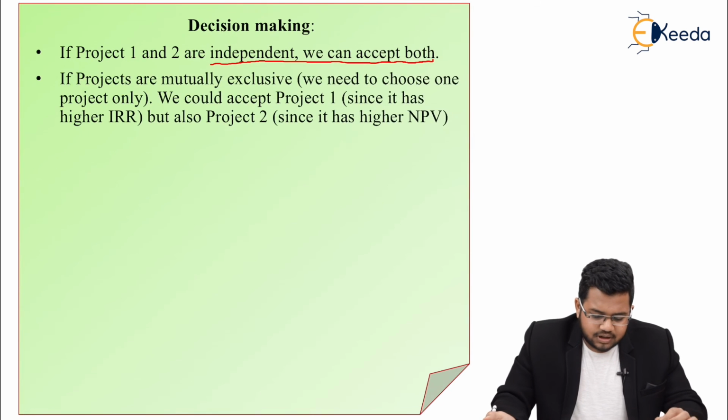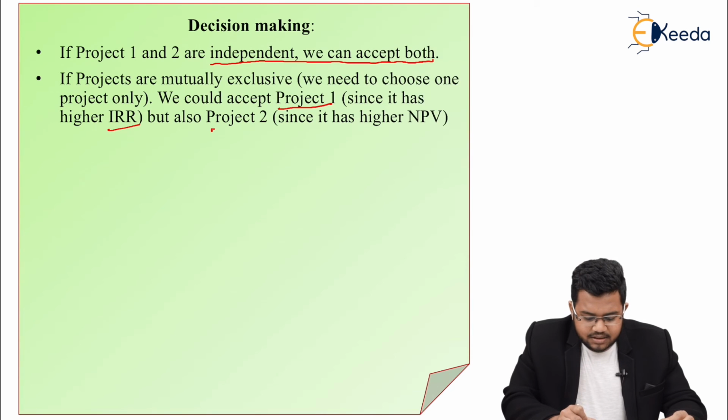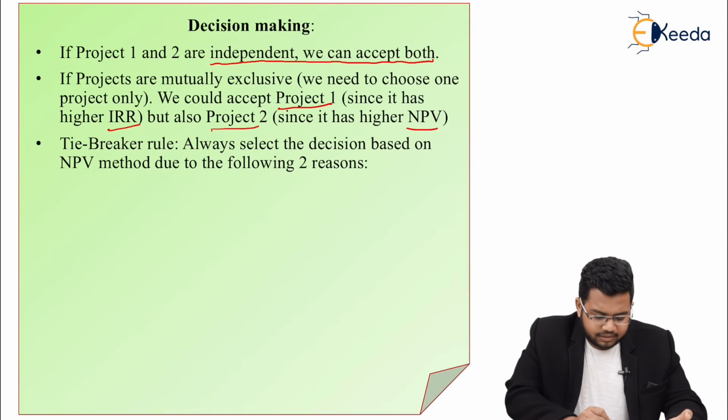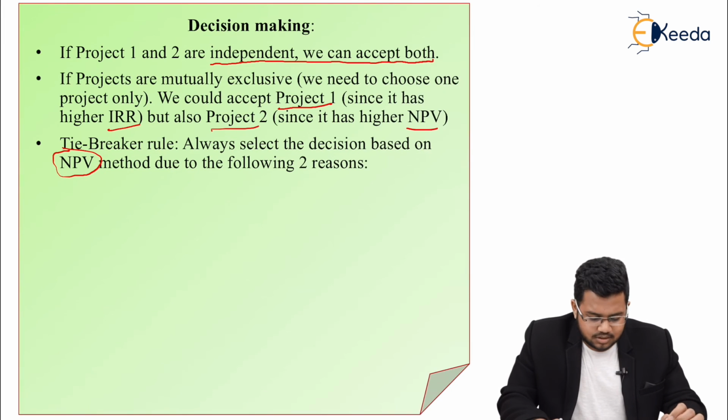If projects are mutually exclusive, we need to choose one project only. We could accept project 1 since it has the highest IRR, but also project 2 since it has higher NPV. Tiebreaker rule: always select the decision based on NPV method due to the following two reasons. Always remember these two reasons.